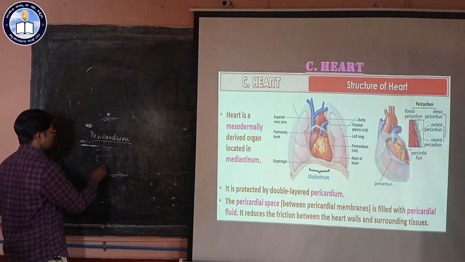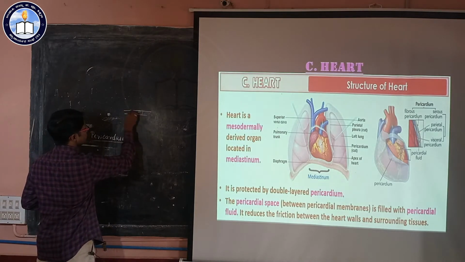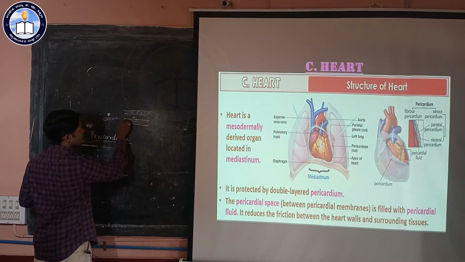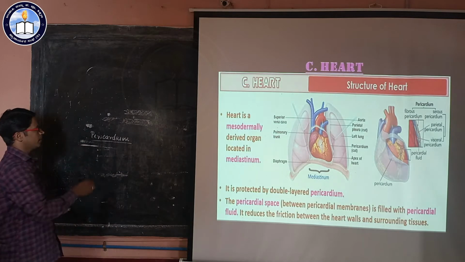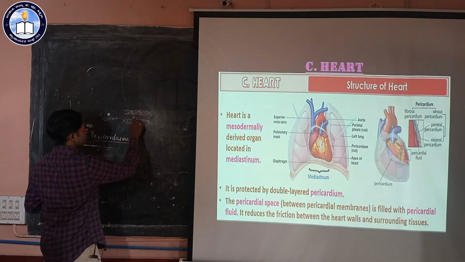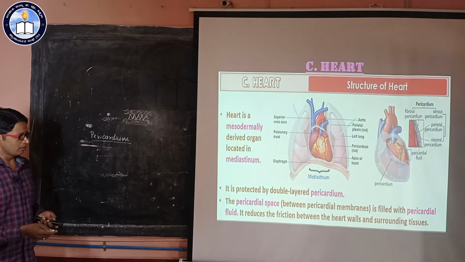So here there is a double layer. If we consider this as one layer of the pericardium, next there is another layer of the pericardium. The heart is well protected inside them. In between these two wall layers there is a space.